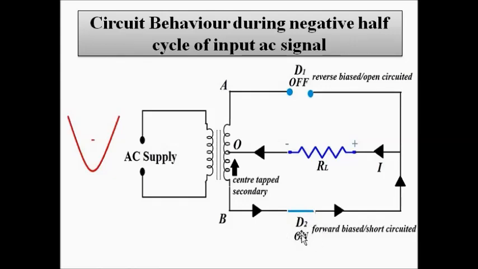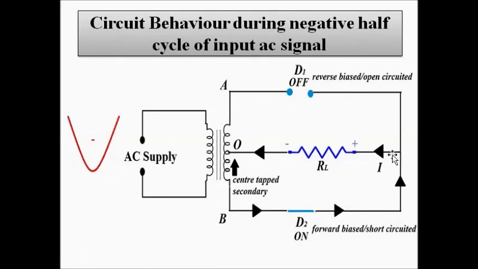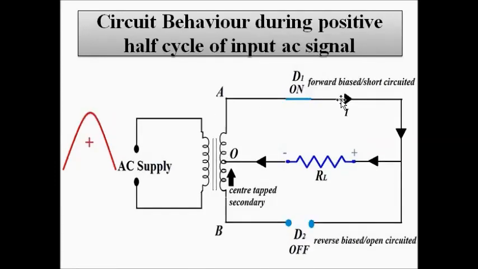As a result, no current flows in this loop, but a current flows in this closed loop. As you can see, the direction of the current during the positive and negative half cycles is the same. The current flows from right to left towards the center tap winding. Here also it is flowing from right to left towards the center tap winding.